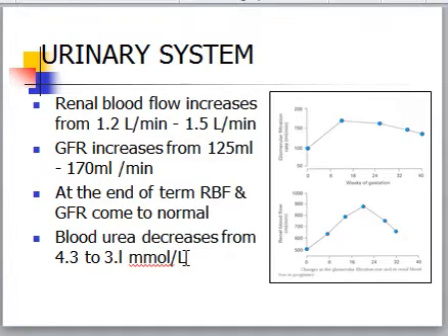In spite of the increased glomerular filtration rate and sodium load, the ability to excrete sodium and water remains normal in normal pregnancy. At the end of term, the renal blood flow and glomerular filtration rate return to normal, and blood urea decreases from 4.3 to 3.1 millimole per liter.